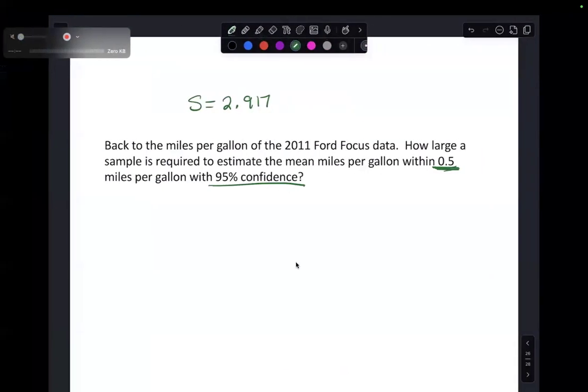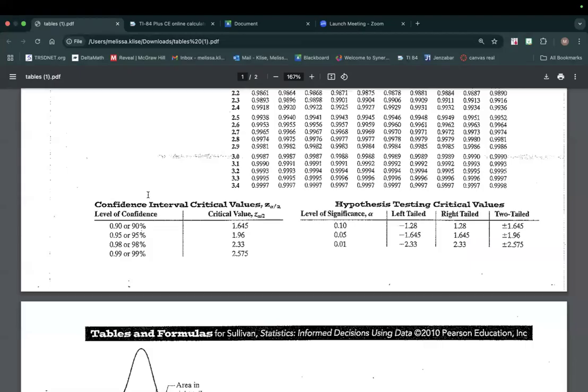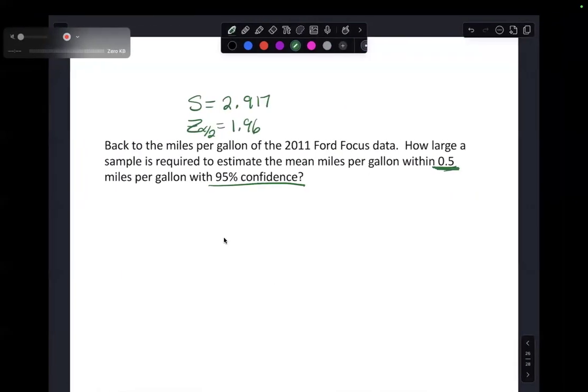Okay. So I have that. I'm going to go back to my Z table. 95% confidence, we're at 1.96. So my Z sub alpha divided by 2, sorry for my ugly writing, my Z score is 1.96.